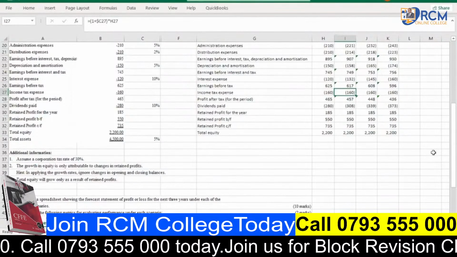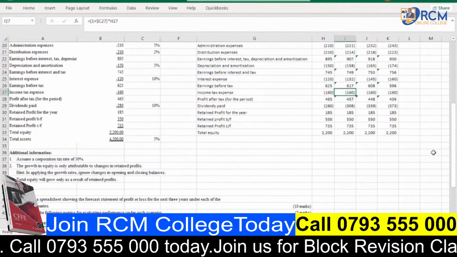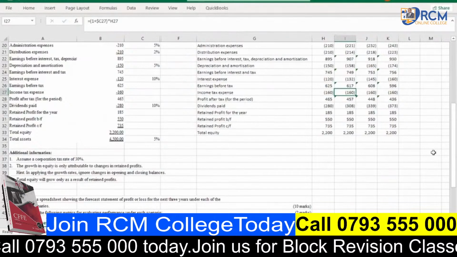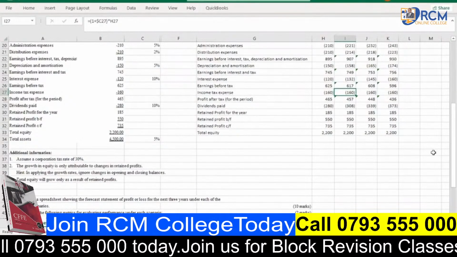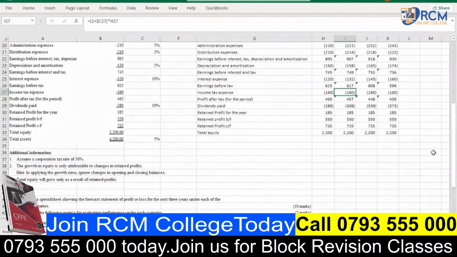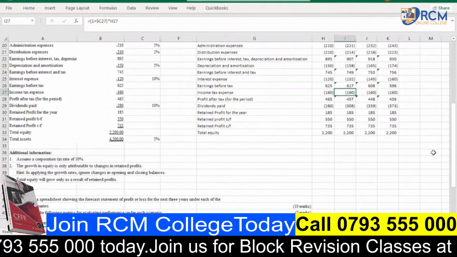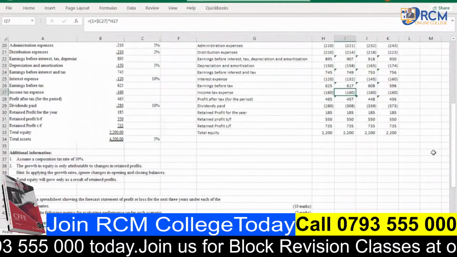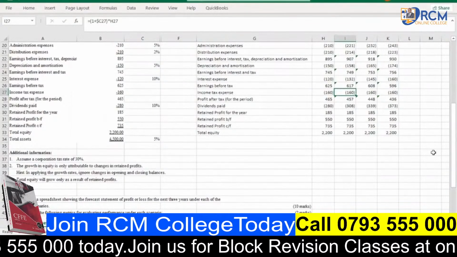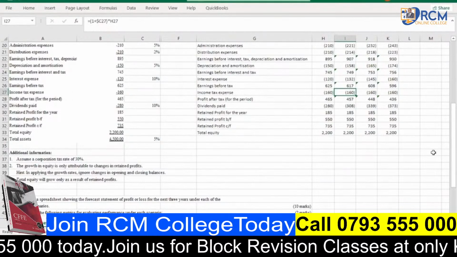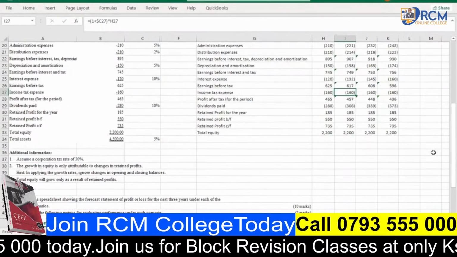Sasa nataka jibu. I want to see if these people are able to calculate this. This one is financial reporting knowledge. This one here is financial accounting knowledge. Watu wananiangusha leo. And I believe everyone in this class has got the certificate for both intermediate and advanced and foundation level.